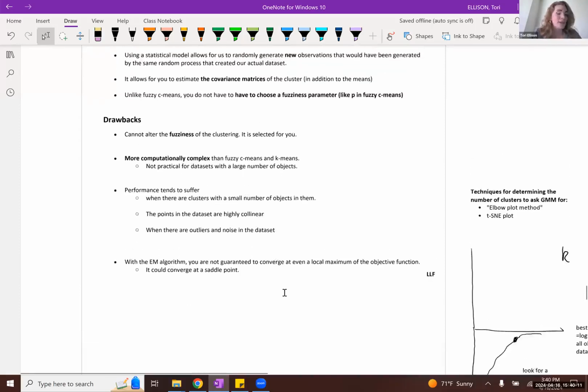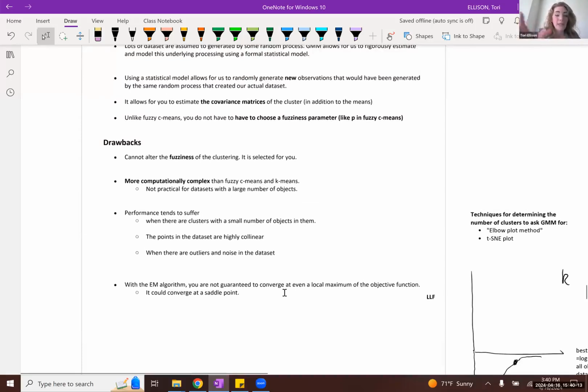And then one final downside is that if you're using the EM algorithm to attempt to find the optimal posteriors as well as the optimal parameters for your Gaussian clusters, unfortunately, this algorithm is not guaranteed to converge to a local maximum of that objective function.